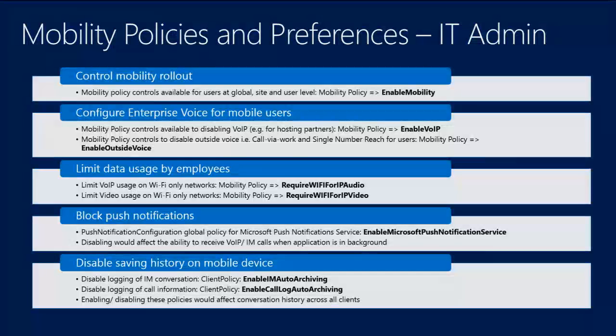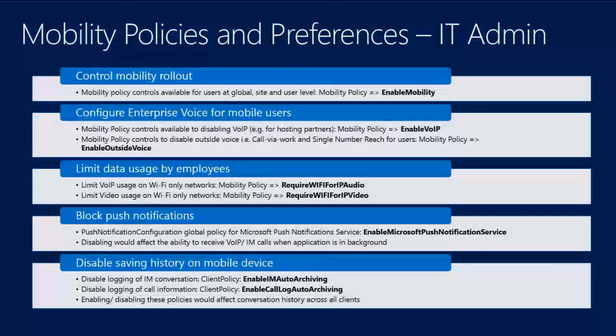So here are some of those settings to limit data usage by employees. We can set these for the employees to require Wi-Fi for IP audio. Maybe this is a setting that your company, which purchases the phone, manages the phone, and pays for the phone, puts on there to reduce that cost. That's a requirement that you put on there or not. There's also the ability to block push notifications if you need to.